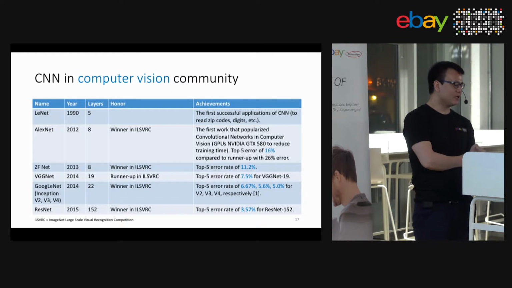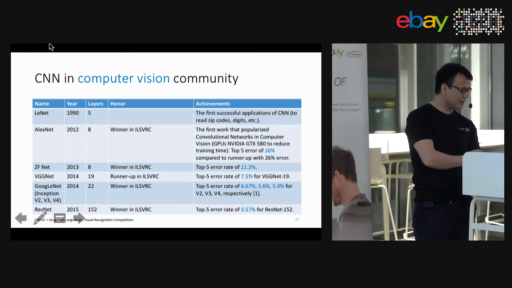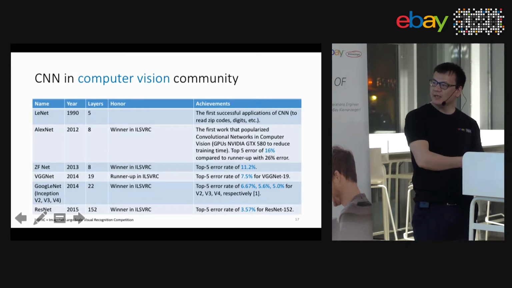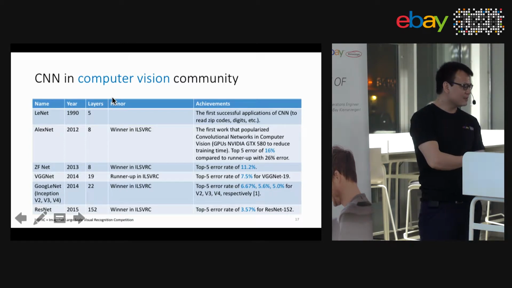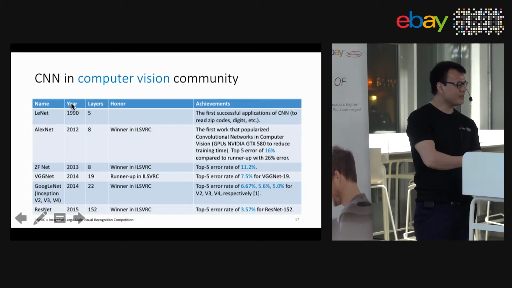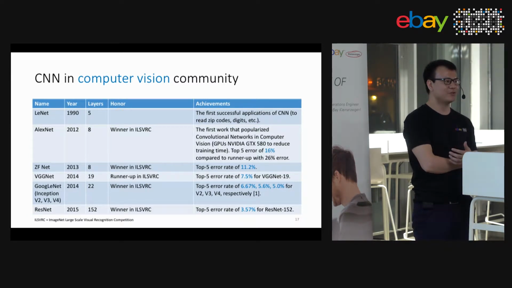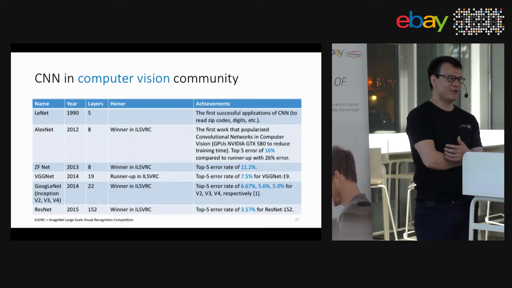There is a competition, it's hidden by this symbol. This challenge started in 2011, and last year, 2017, was the last year of this competition, because it has already surpassed human level performance.